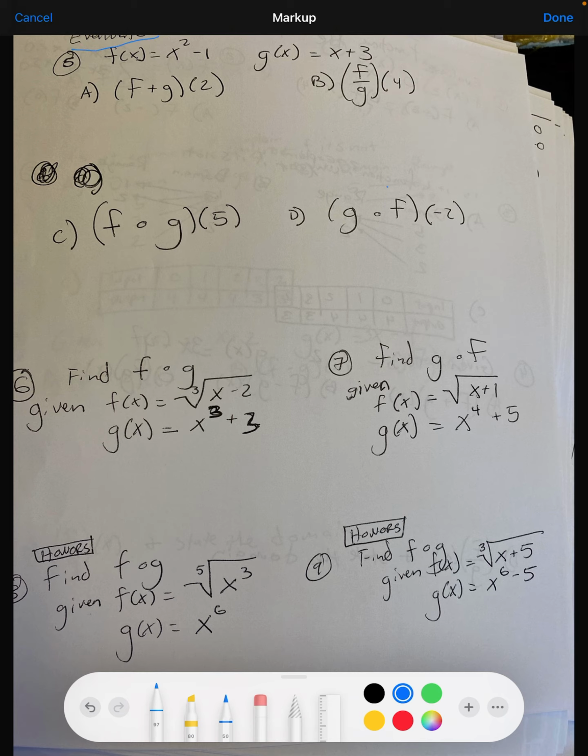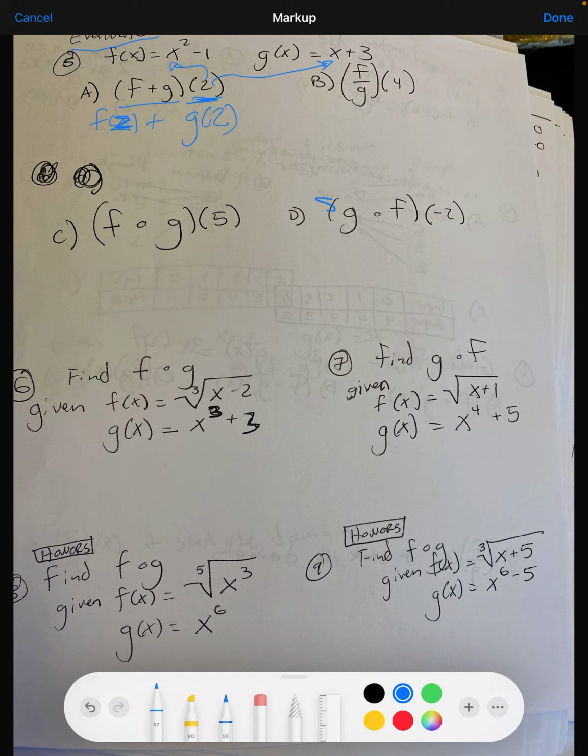And this is saying we have an input of 2, and the input's going to go to both our f and g functions. So that's going to be f of x plus g of x, and our input is 2, so I could replace my x with 2.